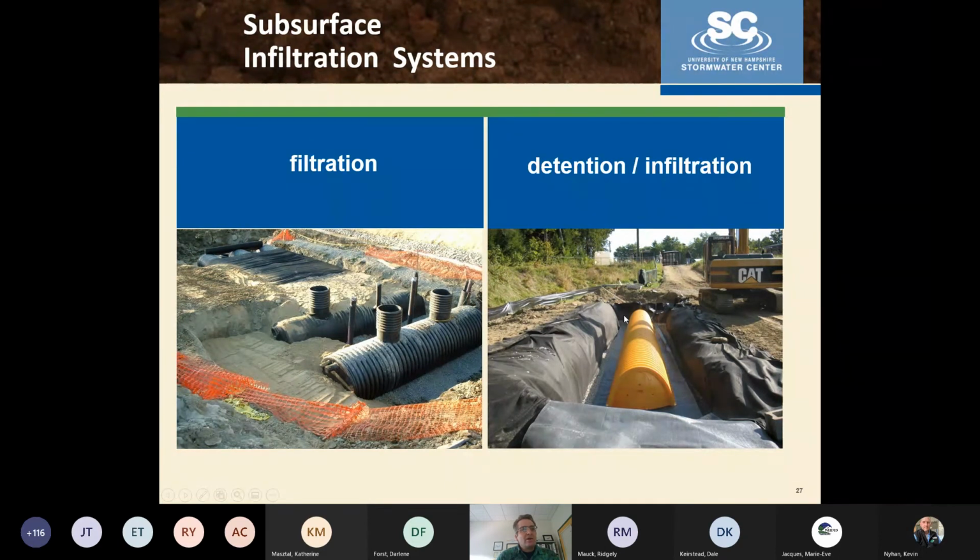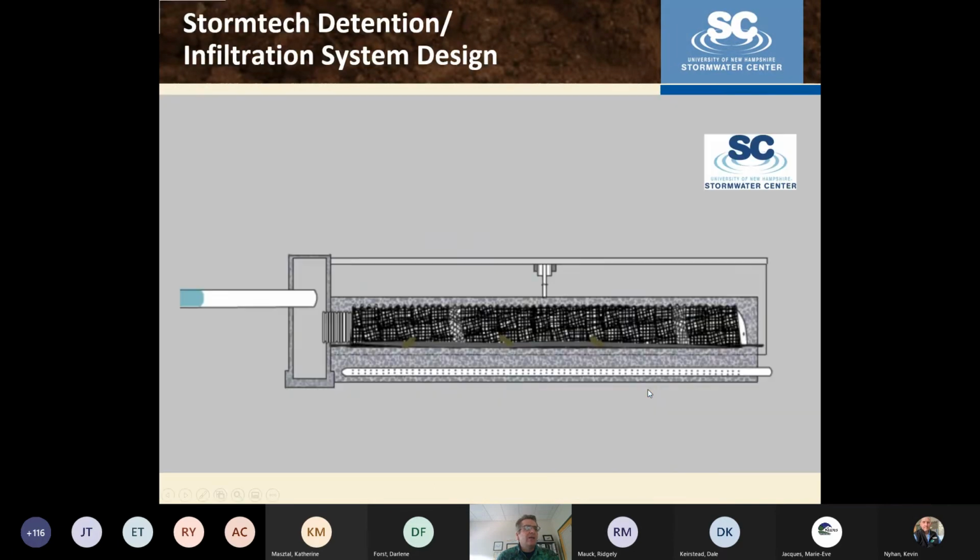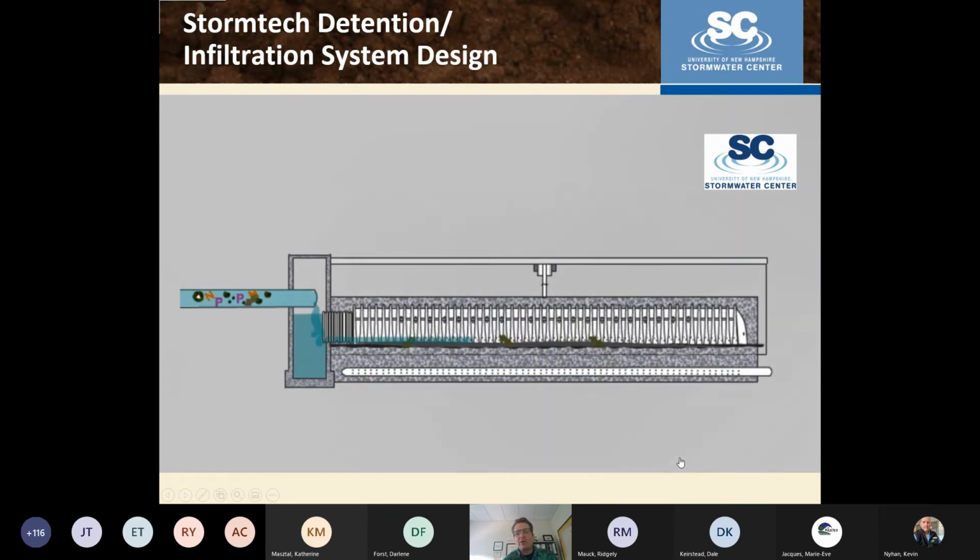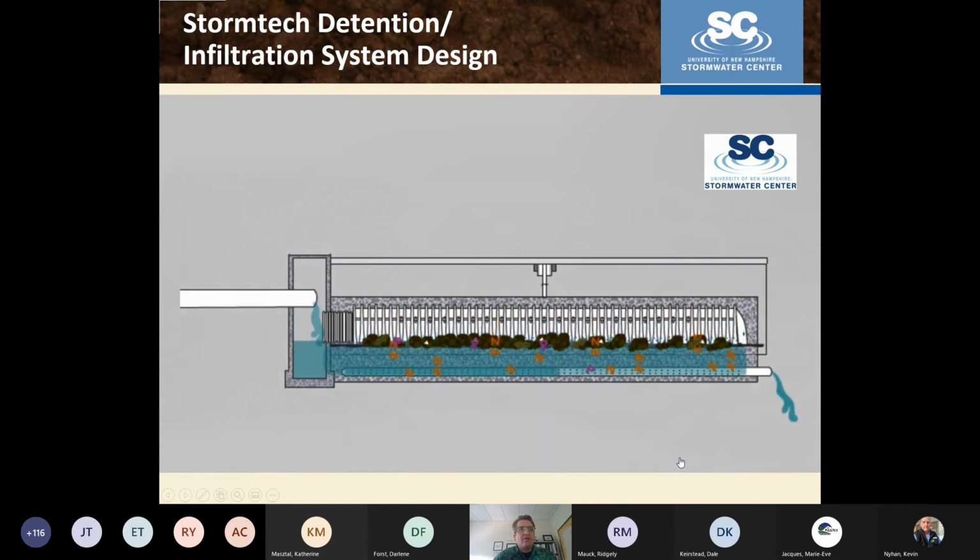So water comes into the chamber, filters down through that woven fabric, and that creates kind of like this filtration component. We find that in the field, woven fabrics are more reliable for infiltration, and they're also stronger.